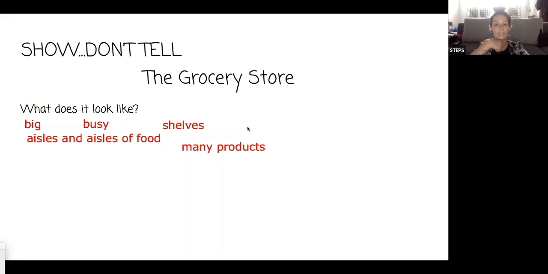Okay, let's think of what kind of light we see in grocery stores. Is it very dim or is it very bright? Crowded. Good job, Sky. There's bright lights.